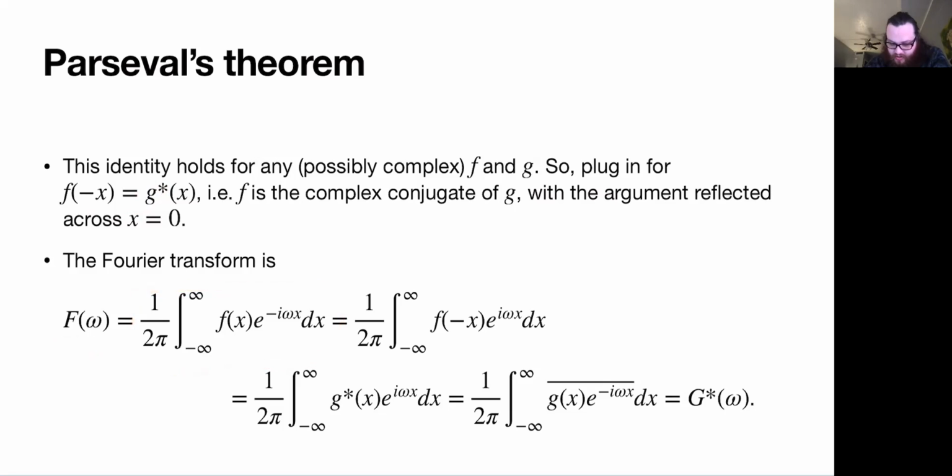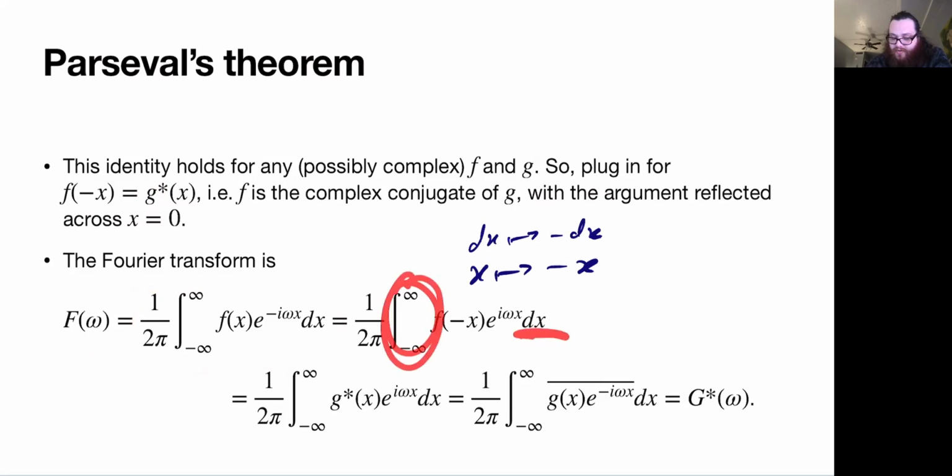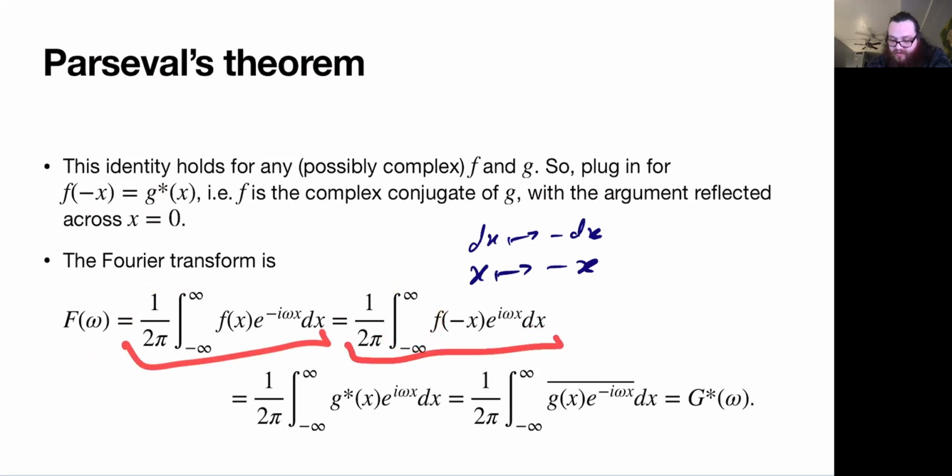Change coordinates so that you're going from x to minus x. Then dx is going to become minus dx, but the bounds of the integral are going to flip, so flipping them back cancels with the minus from that. In any case, this thing is equal to this thing.